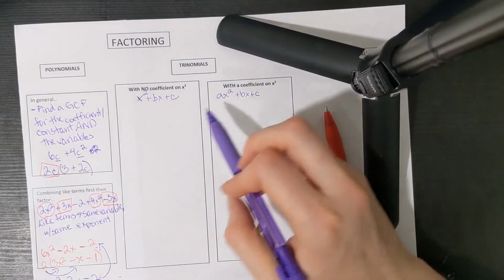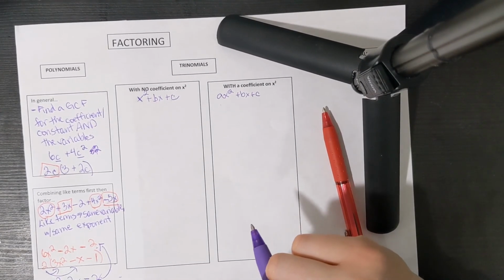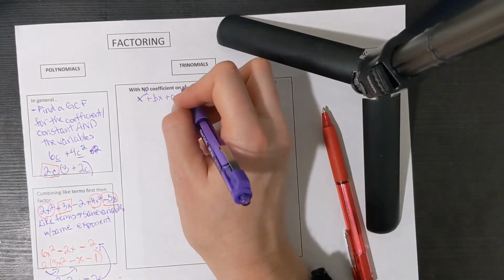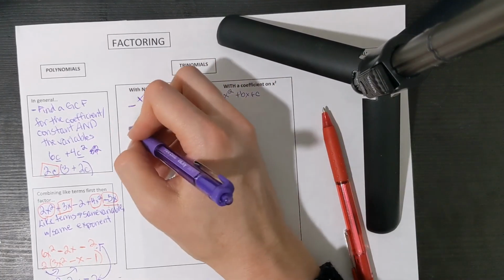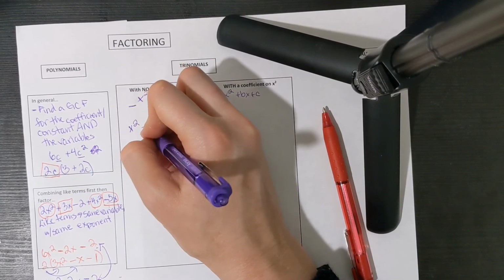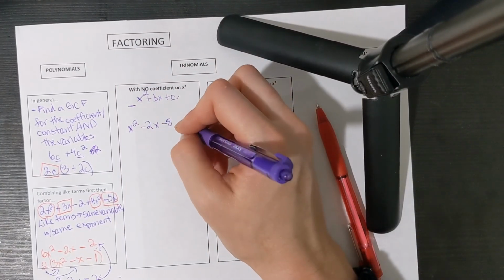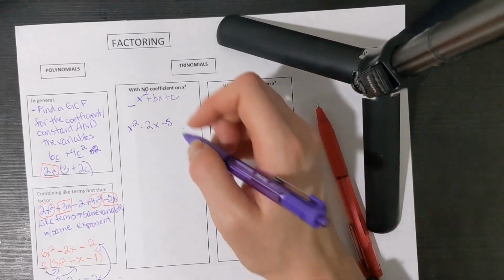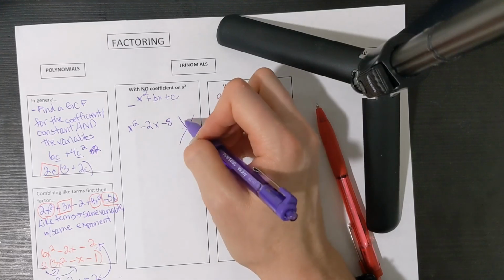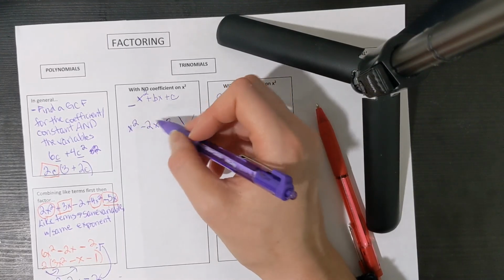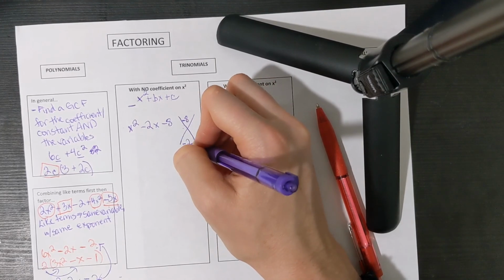And that's just labeling the coefficients and the constants just to keep them kind of straight. So let's do an example here where we have no coefficient on here. So that's a 1, we could think of it. So we have x squared minus 2x minus 8. So we use an x in this one and we use an x in this one, and they're used a little bit differently for each, so be careful. Up here, we're still multiplying these. We have negative 8 up here, and down here we have negative 2.